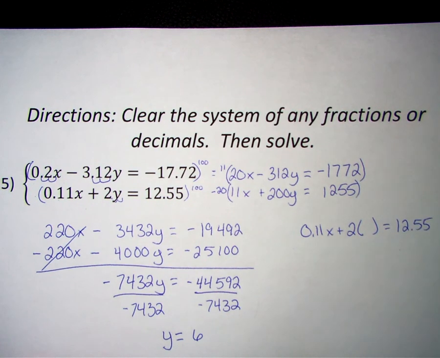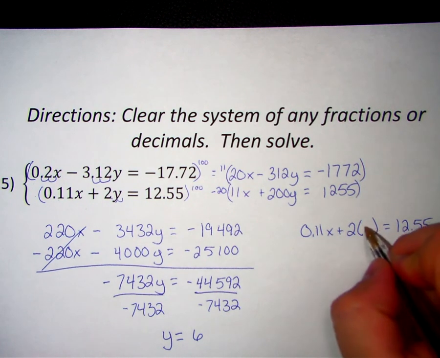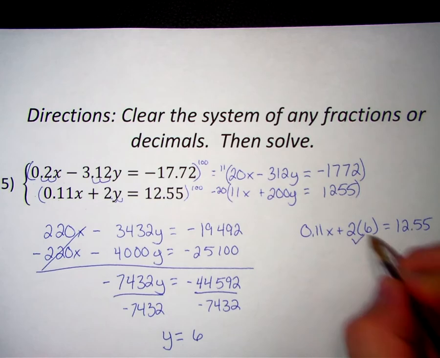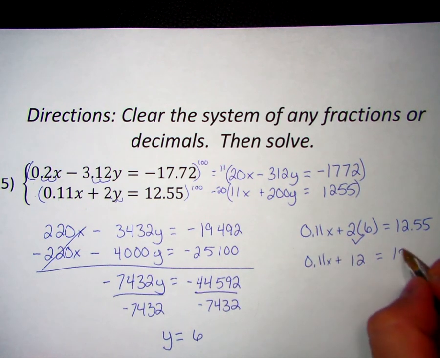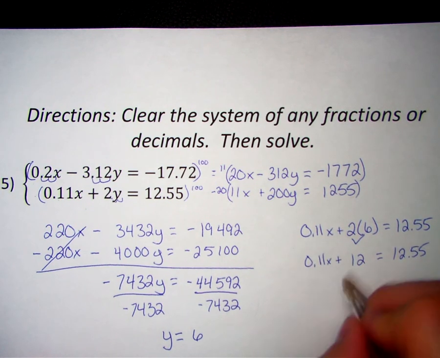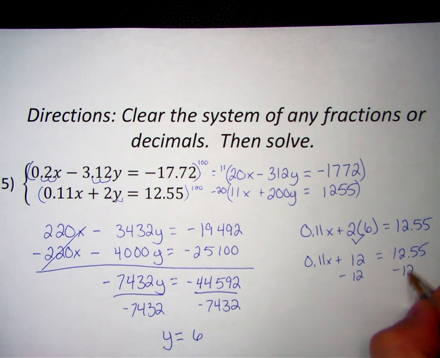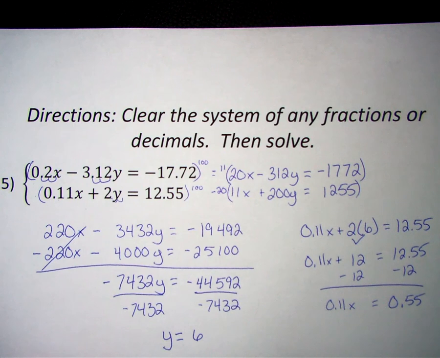That's not going to be terribly complicated for us to deal with. So we'll plug in the 6 and that will simplify to 12, and we'll subtract 12 from both sides, and that's going to equal 0.11x equals 0.55.